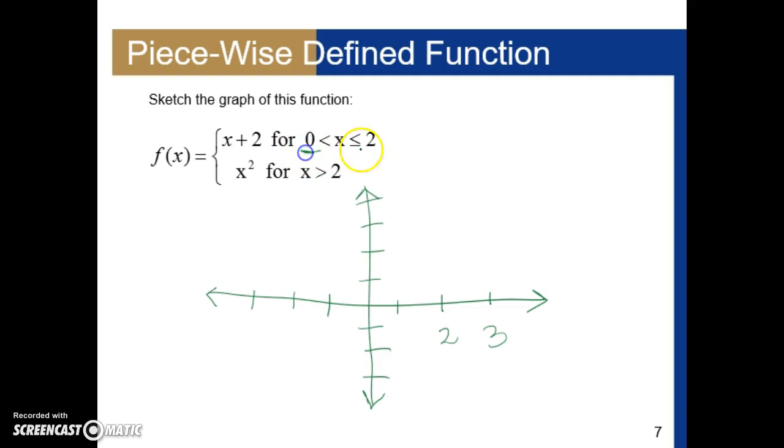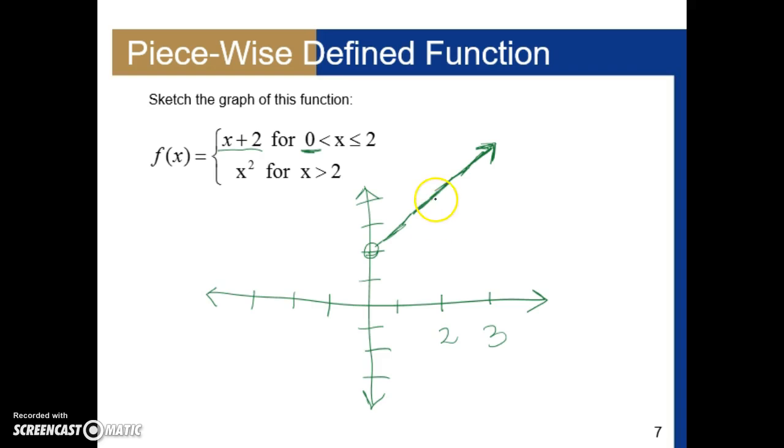This function is undefined for any value less than 0. So let's say I was going to draw this whole line. This is a line of slope 1, right? And it has a y-intercept of 2. But I can't draw anything less than 0, and 0 is not included in here.